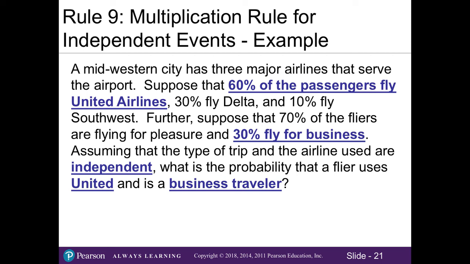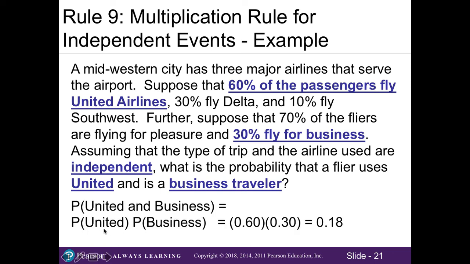Assuming that the type of trip and the airline used are independent of each other, what's the probability that a flyer uses United and is a business traveler? We'll take the probability of a United flyer and the probability of a business traveler, multiply them to get a 0.18 chance of a United traveler traveling on business.